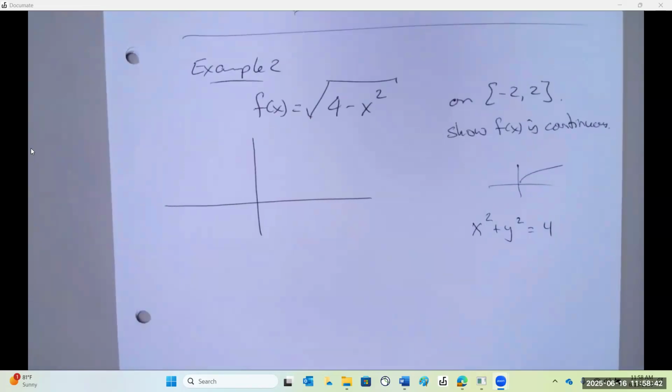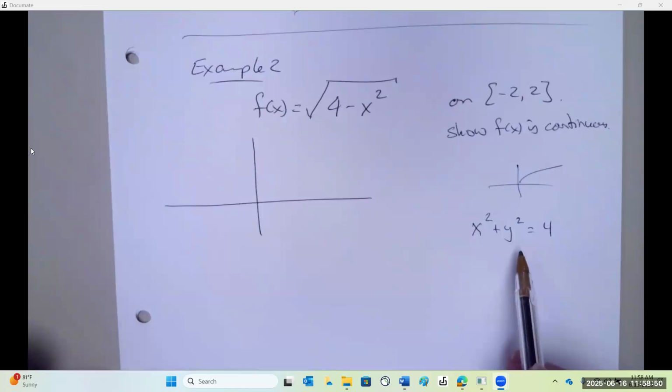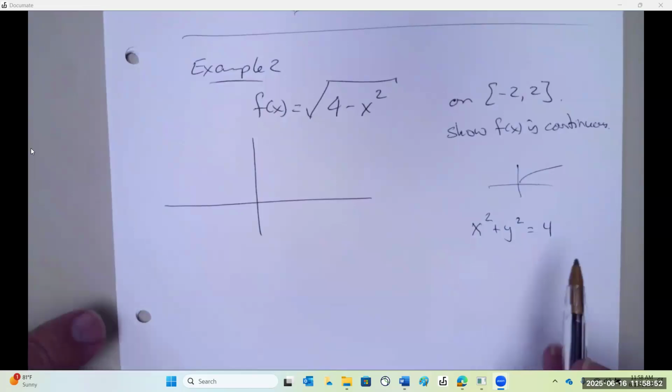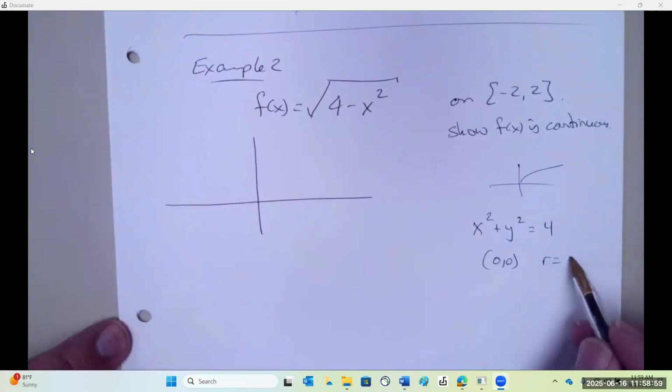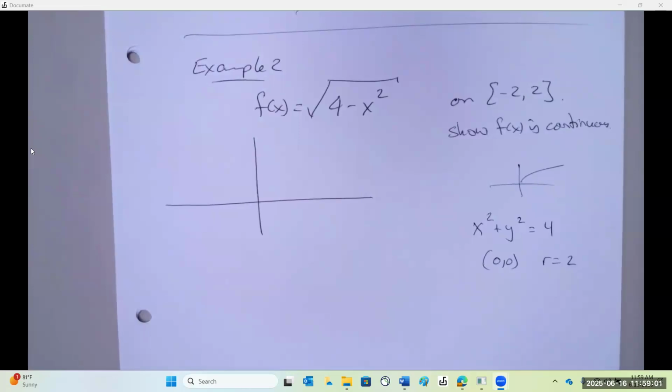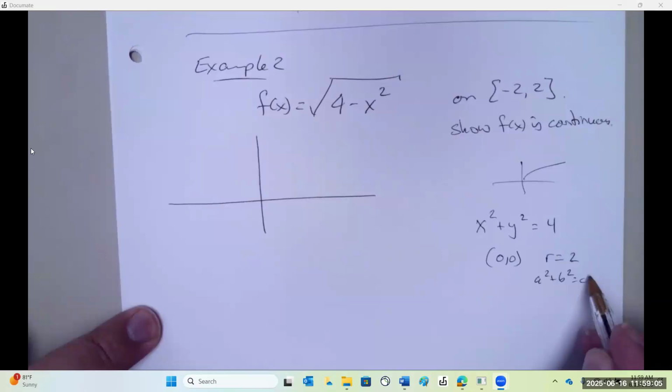What is that? It's the equation of a circle centered at 0, 0 with radius what? Because it's a squared plus b squared equals c squared.